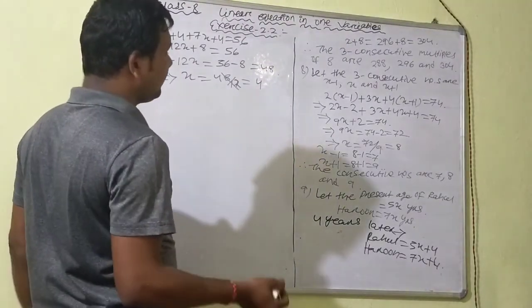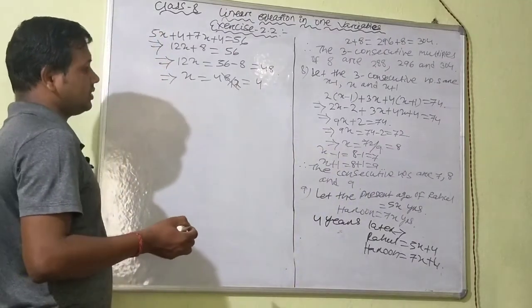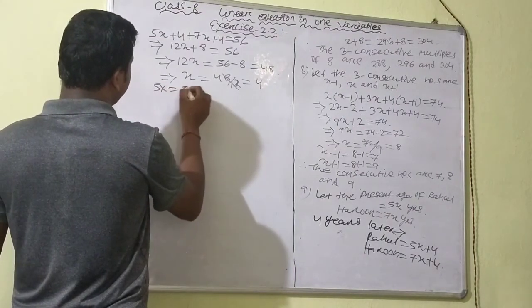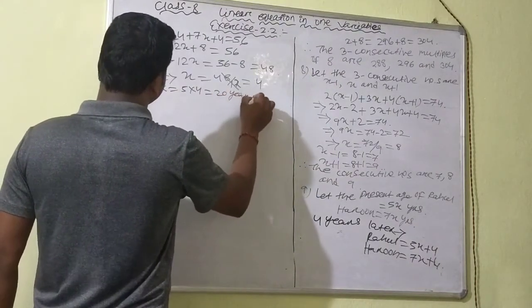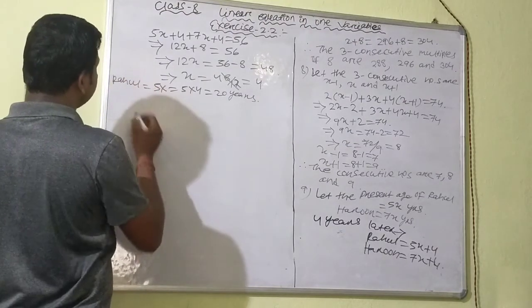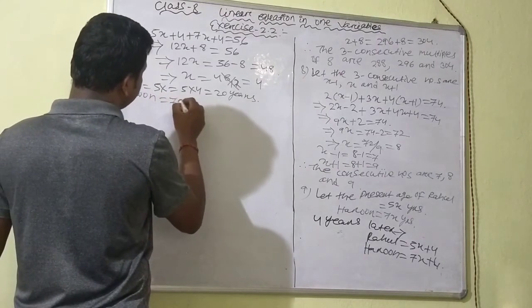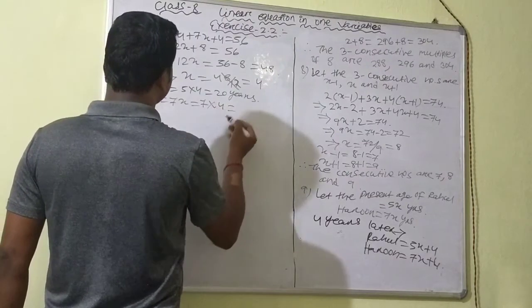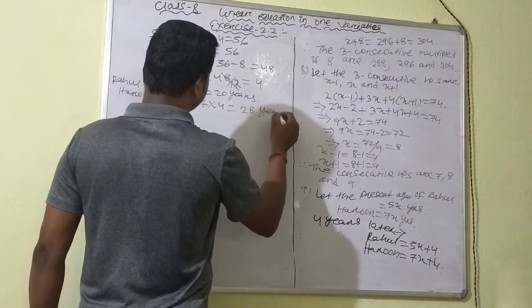We'll find the present age of Rahul, which is 5x, that is 5 into the x value, 5 into 4, that's 20 years. And Harun will be 7x, that is 7 into 4, that is 28 years.